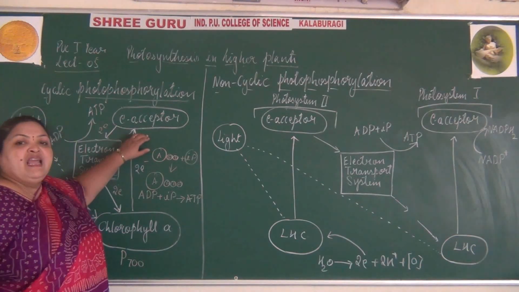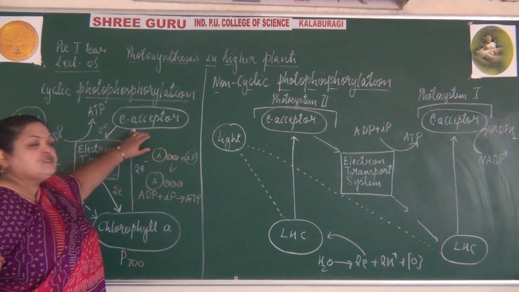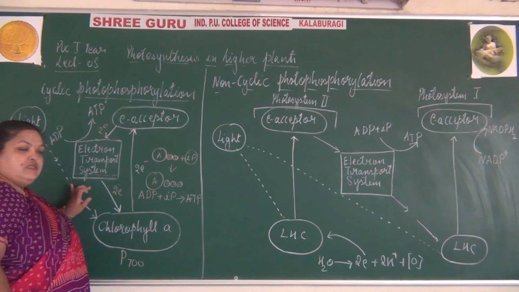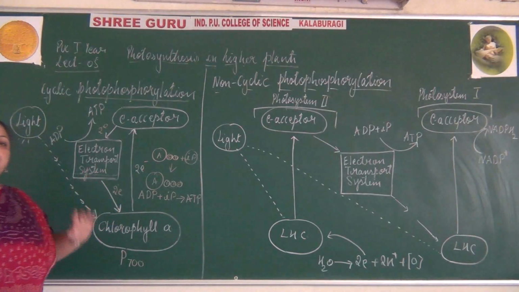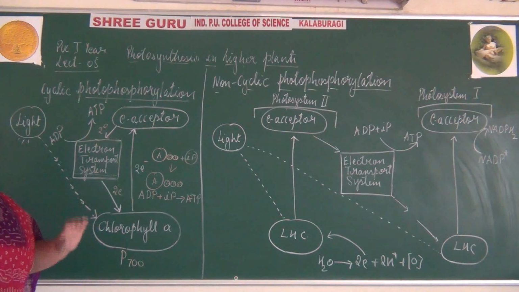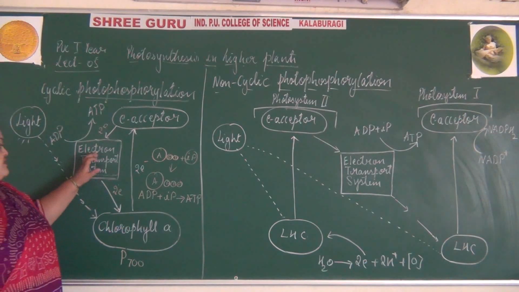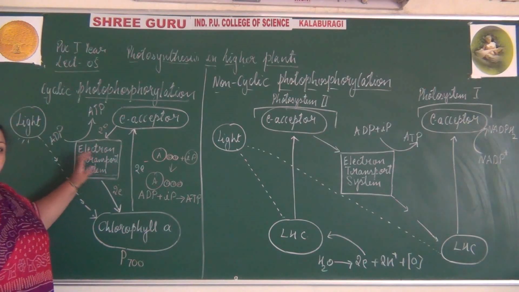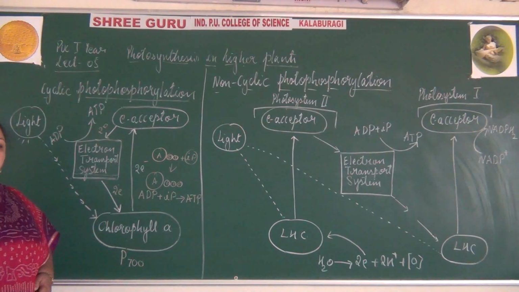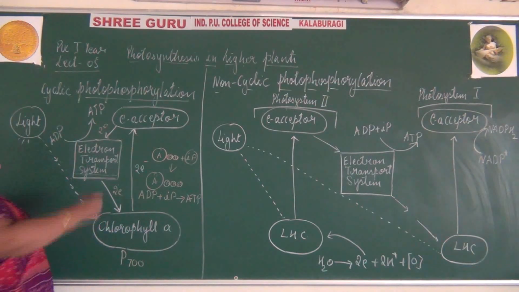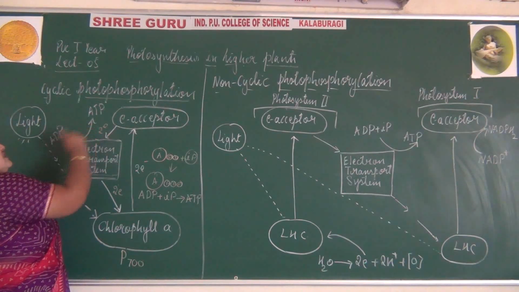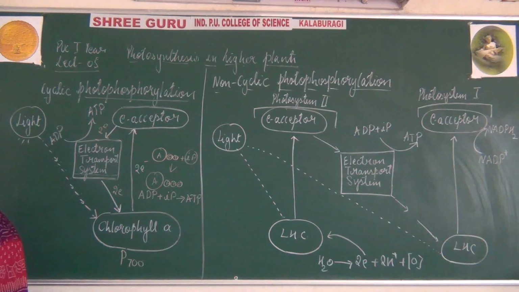Then this primary electron acceptor passes the electrons to the electron transport system, where there is a set of electron carriers which transfer the electrons from one molecule to another molecule. As the electrons reach the electron transport system, there is synthesis of ATP molecules.